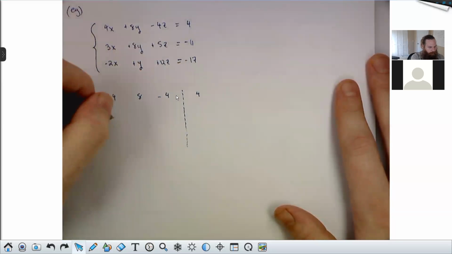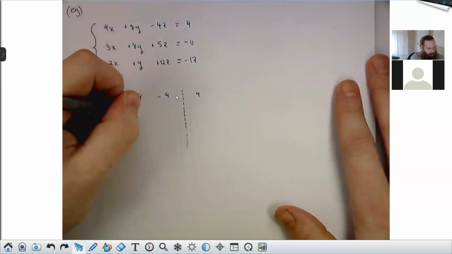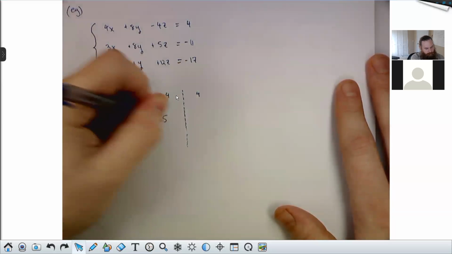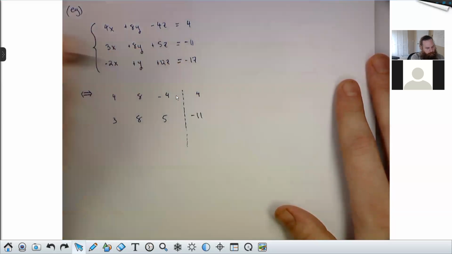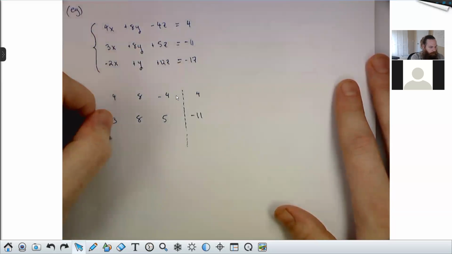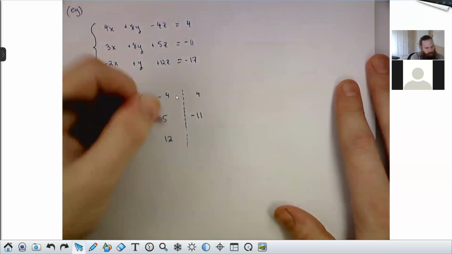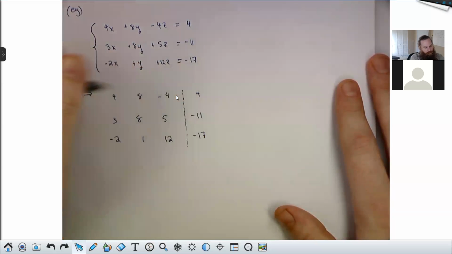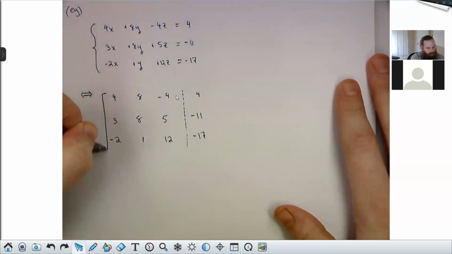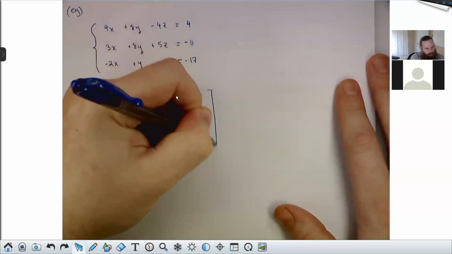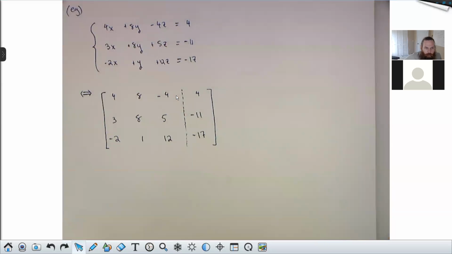My second row will be 3, 8, 5, negative 11. And my last row will be negative 2, 1, 12, negative 17. So this is the augmented coefficient matrix for that system.